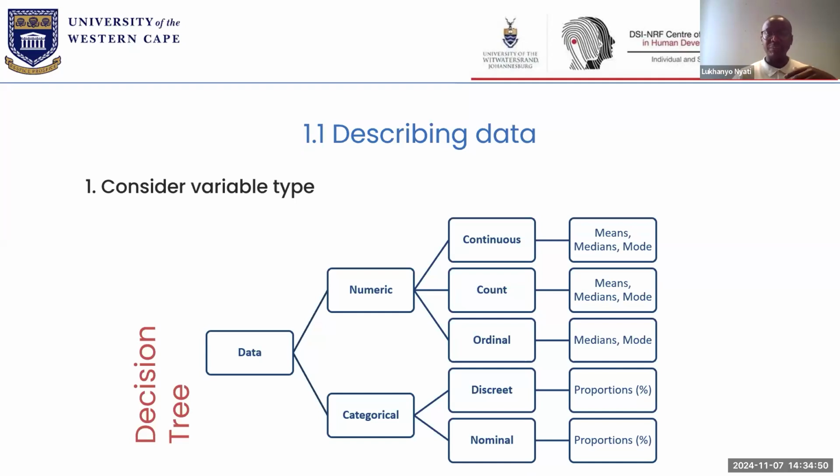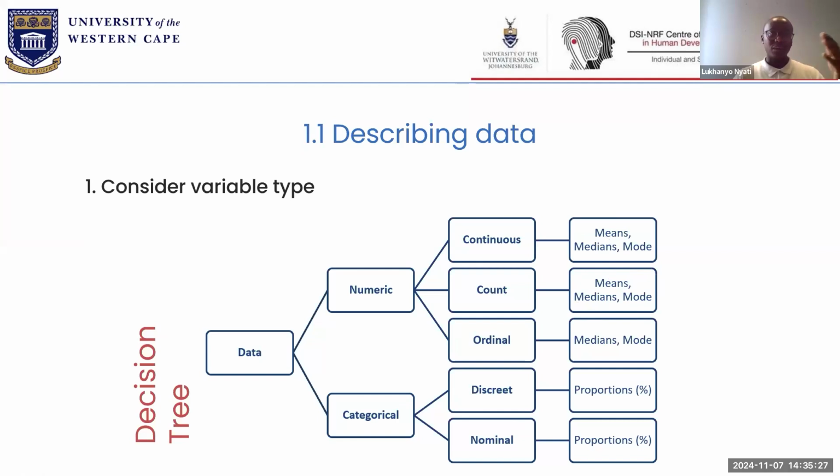You can use your median. And count data, as the name suggests, is the number of items. For example, the number of individuals who are enrolled in a particular faculty, that is count data. Or, for example, the number of conditions one has. So you've got a sample of about 100, and you're looking at the number of lifestyle conditions that individuals have been diagnosed with.